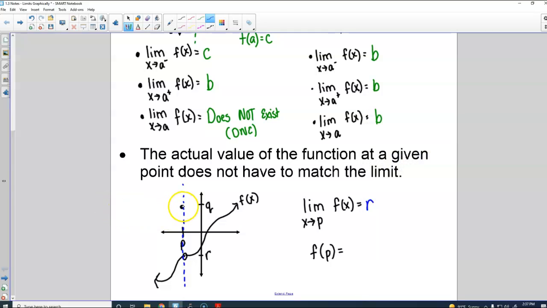You have a closed circle up here, so it is Q. It is okay that these don't match. Your limit can still exist. So you have a limit if you have a solid line or if you have a hole in the graph. But if you have a jump in the graph, the limit is not going to exist at that point, or not from both sides. Okay, questions?